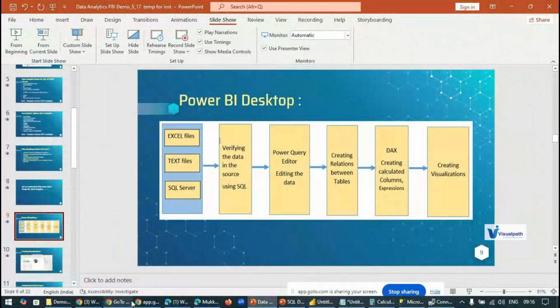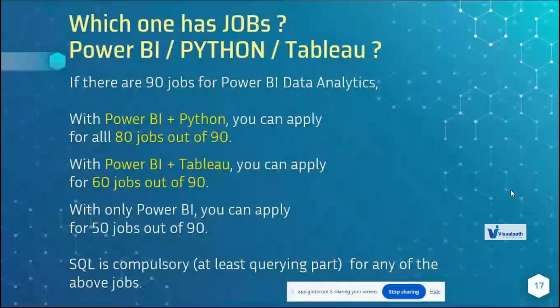Suppose we have 90 jobs, and they're asking for multiple skills. What other skills are they looking for in relation to Power BI? Look at this slide. If you have 90 jobs in Power BI data analytics, SQL is compulsory for any software technology, any job.